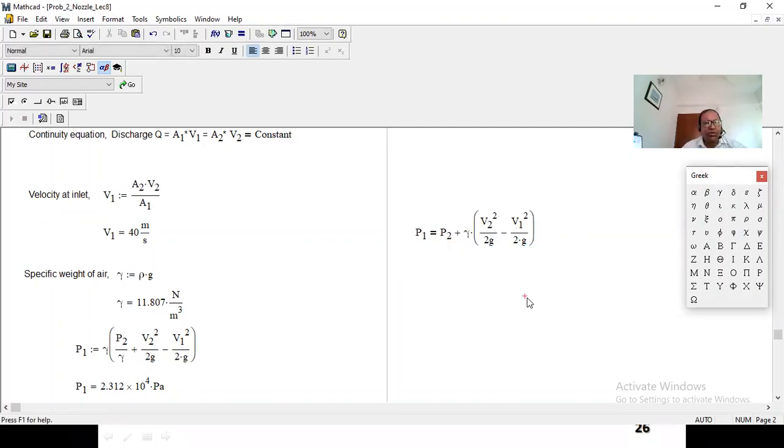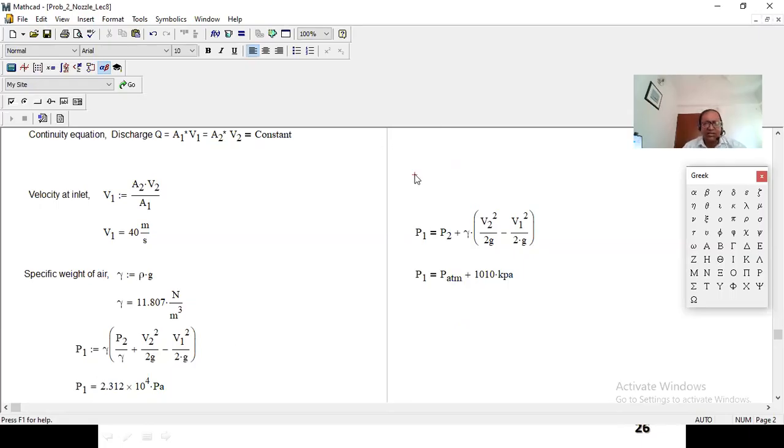Now, what we did? We took P2 equal to atmospheric pressure. We assume that P2, P atmosphere, equal to 0. Now, after calculating, you get some value over here. For example, you are getting right over here 110 kilopascals. So then, what will be the P2?